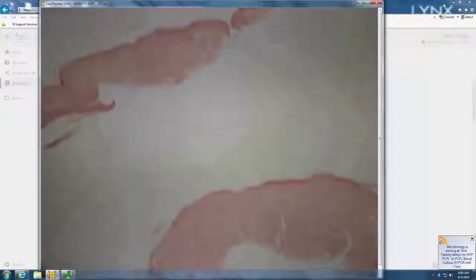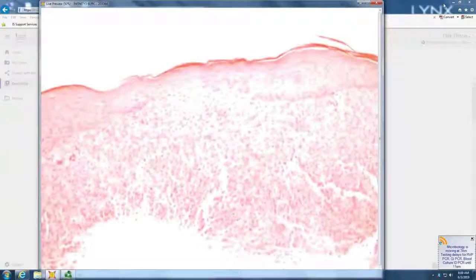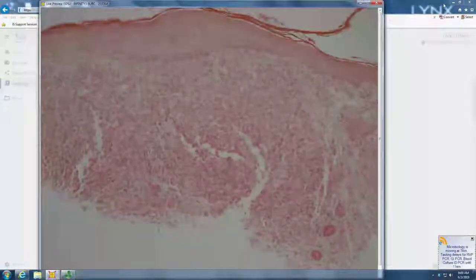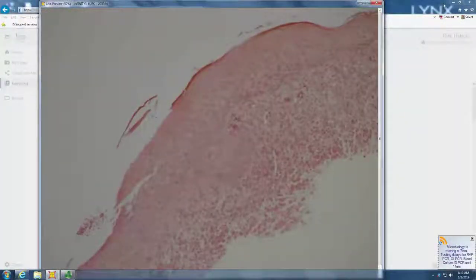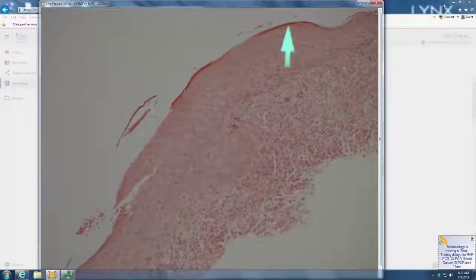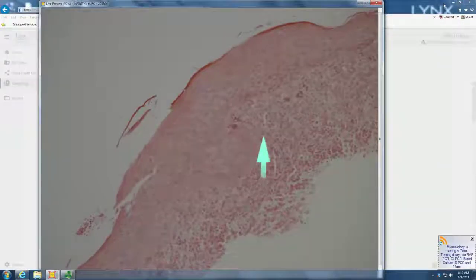Unfortunately, it's lost a little bit of its hematoxylin. I think we're going to have to skip that one. Well, we can try it. So, what kind of cells? So we're in the dermis here, right?